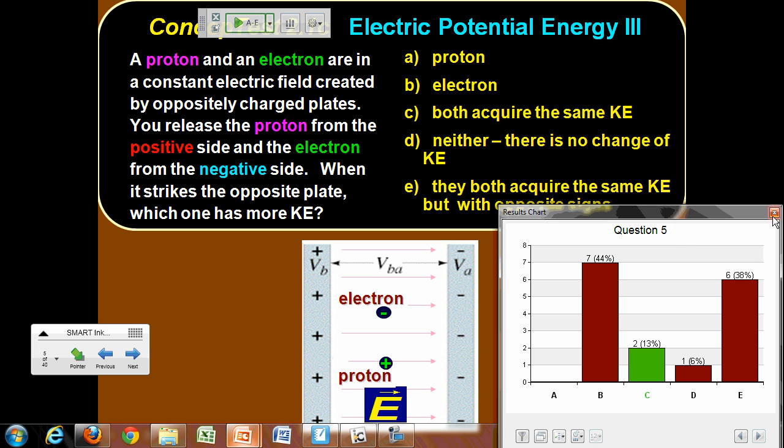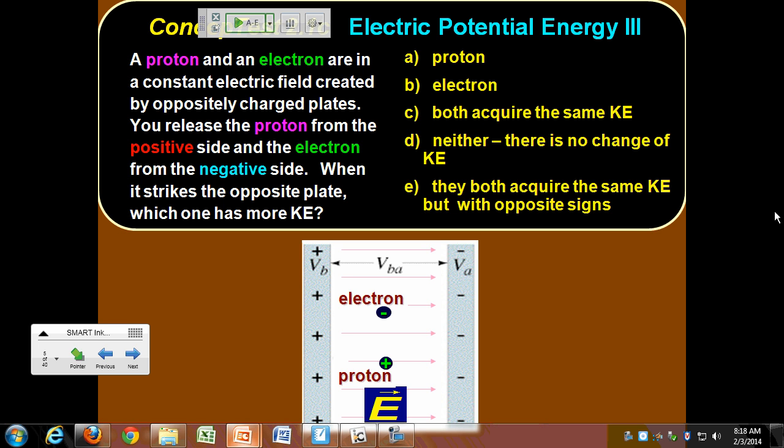I can understand. Oh, no. Even though they're different masses? Yes. So remember our voltage is energy per charge, right?